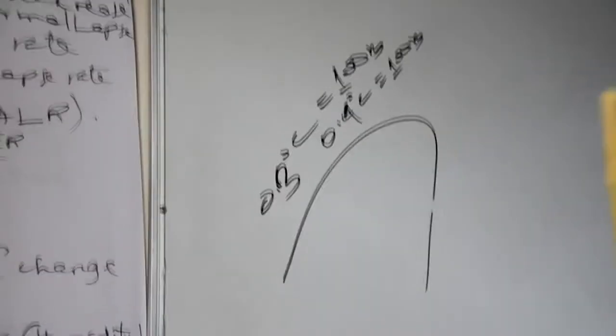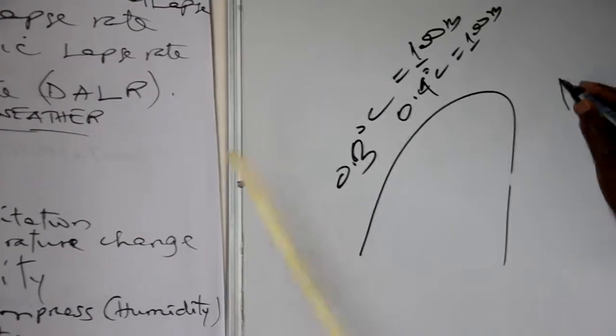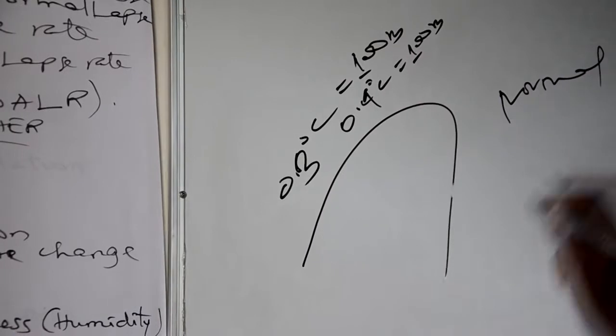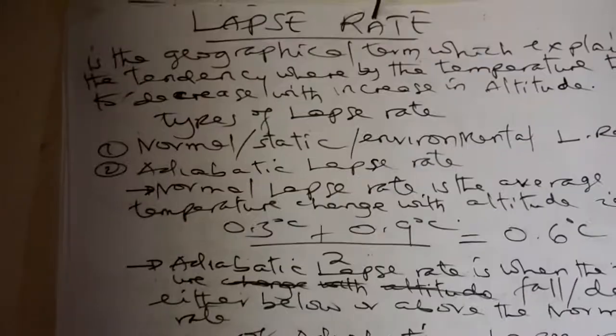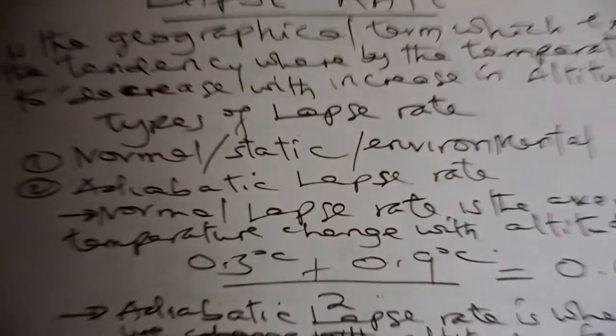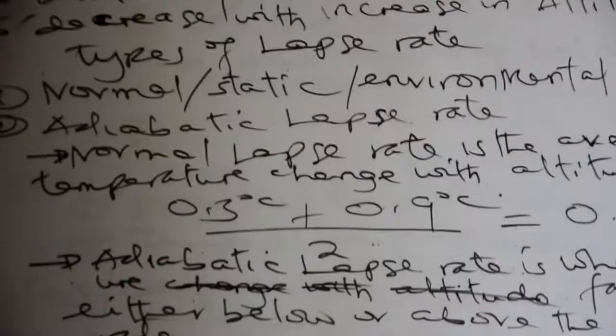Hence, there are two types of lapse rate: normal lapse rate and adiabatic lapse rate.